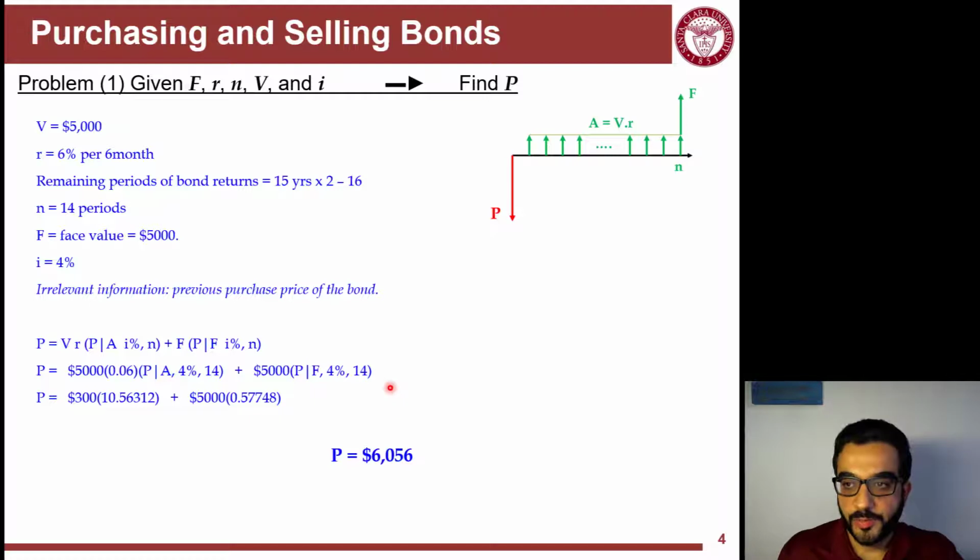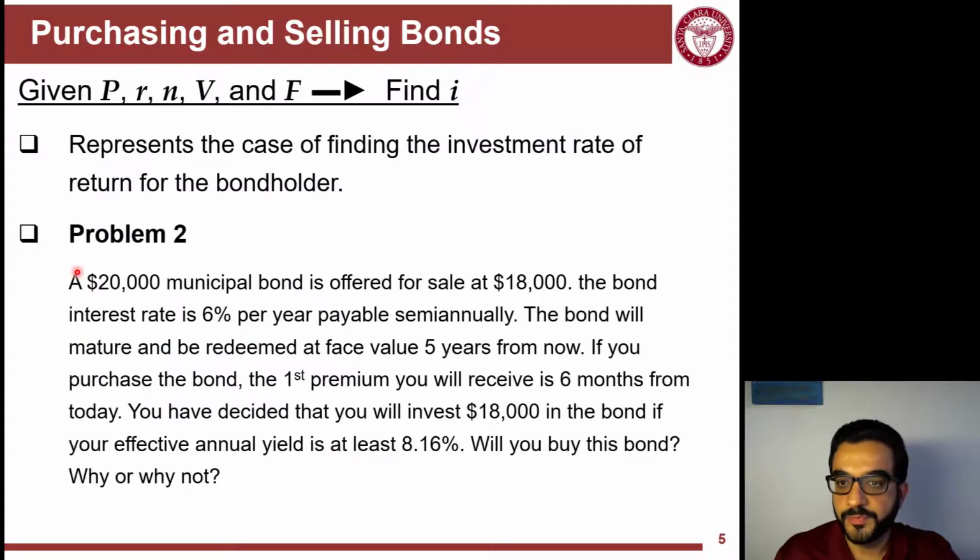So if the seller now asks for $7,000, that's not acceptable, because as a buyer, you will not be able to achieve your minimal attractive rate of return of 4%. Maybe someone else will be happy to buy it because they have a lower MARR.